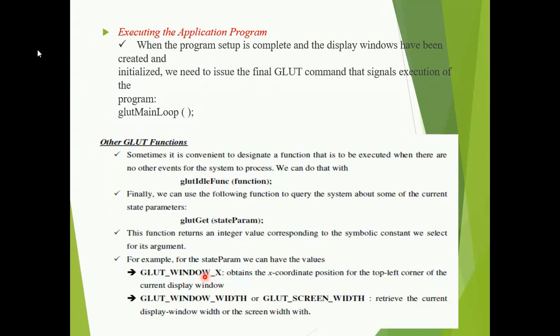Next, if you call glutGet with GLUT_WINDOW_WIDTH inside the bracket, it gives the width of the current window. Or if you write GLUT_SCREEN_WIDTH, it retrieves the current display window's width or the screen width. Screen width you can say.